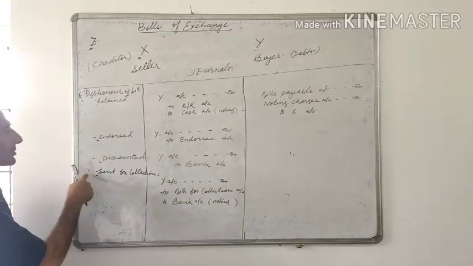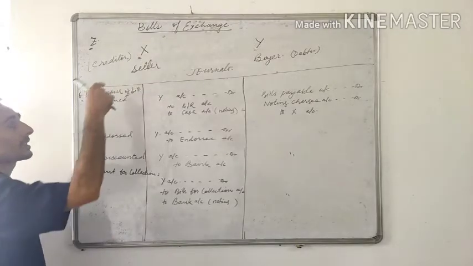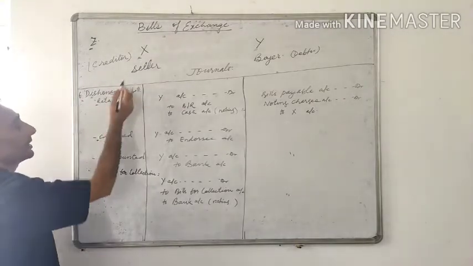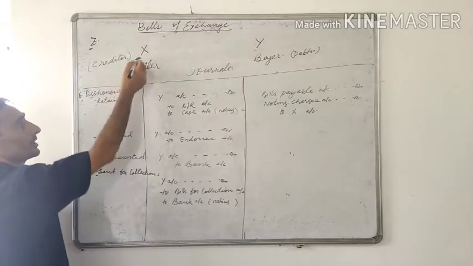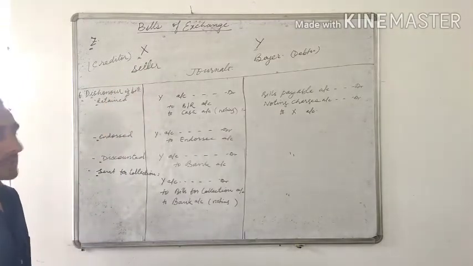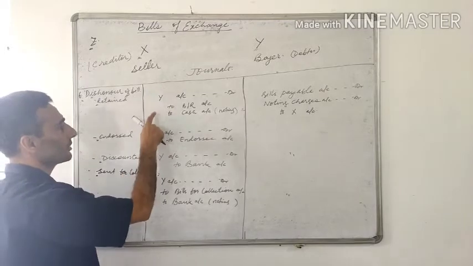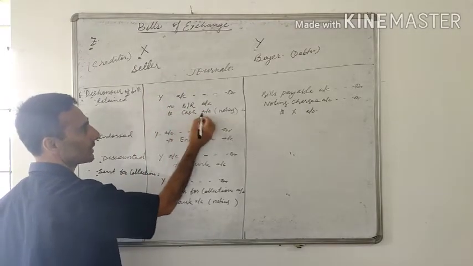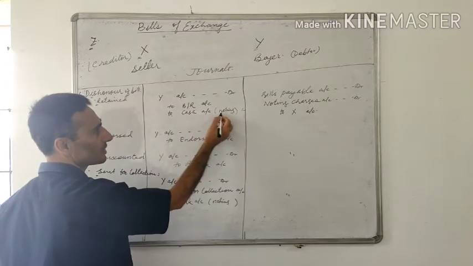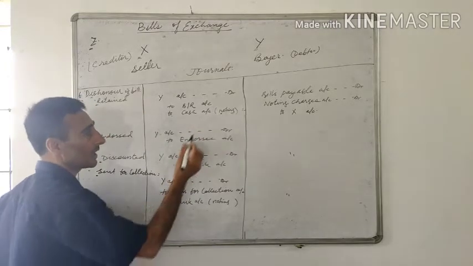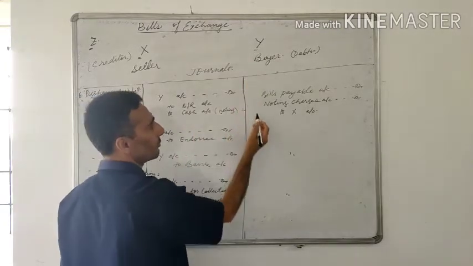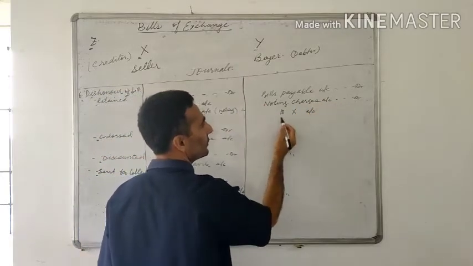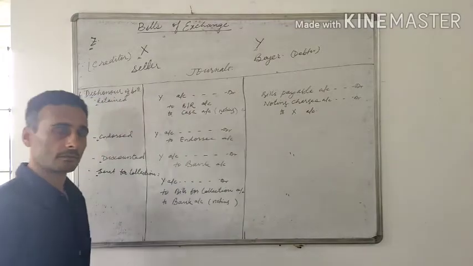These are the 4 different options that X has on that bill. Now if the bill is kept by X till the date of maturity, then the journal entry is Y account debit to bills receivable account to cash account. This cash account is for noting charges, and the entry in the books of Y will be bills payable account debit, noting charges account debit to X account.